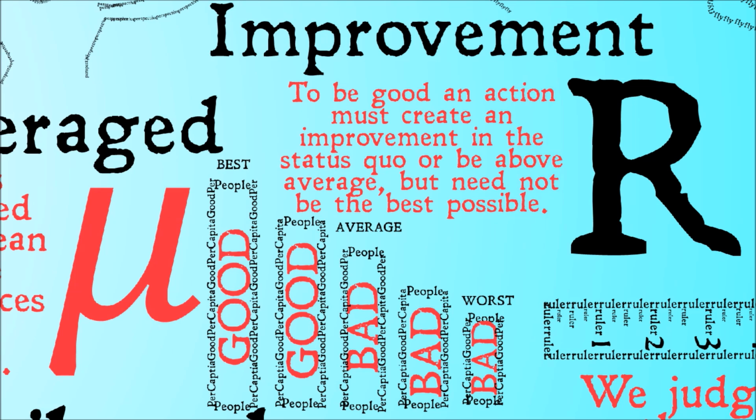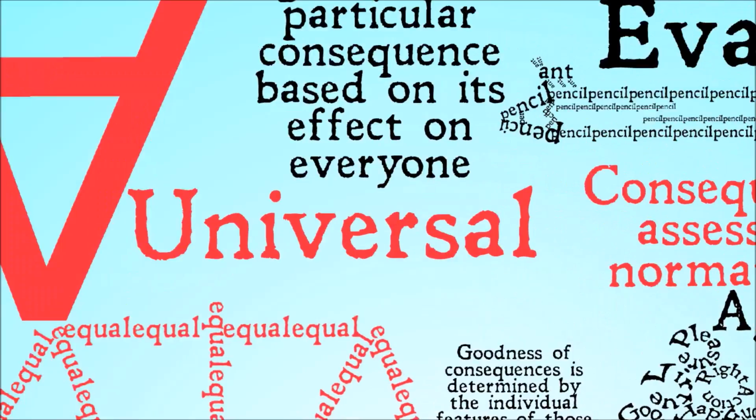Or if it was an improvement in the status quo, and that's a little bit harder to define. But improvement is saying there's not just one course of action that's going to be the best. It's not just the maximum consequences we have to get. You can just get decent. You just have to do pretty well. Improvement consequentialism is going to be a little bit more lenient, whereas maximizing consequentialism is going to be more strict.